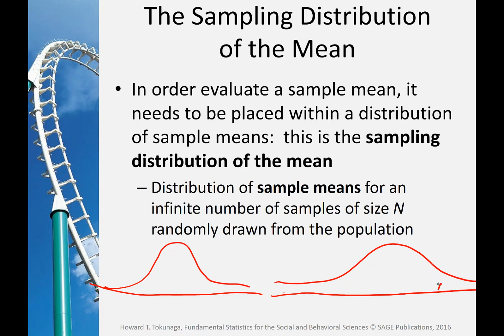So all of our data in here are all of these sample means drawn from each of your individual little samples. And that makes up the volume of our curve. Have I lost anybody yet? We're good? All right. This is the sampling distribution of the mean.